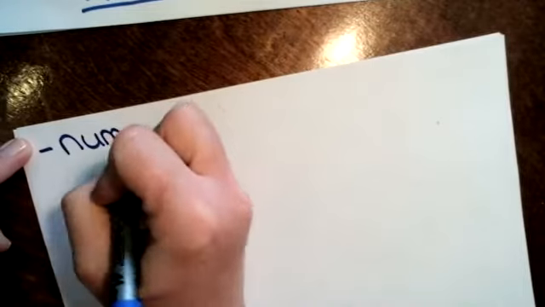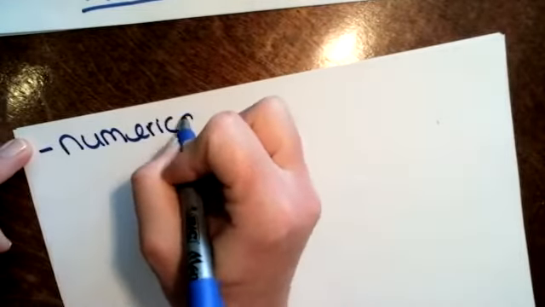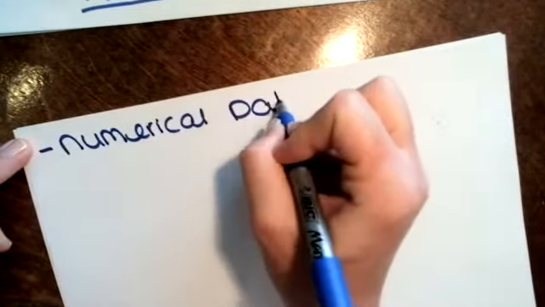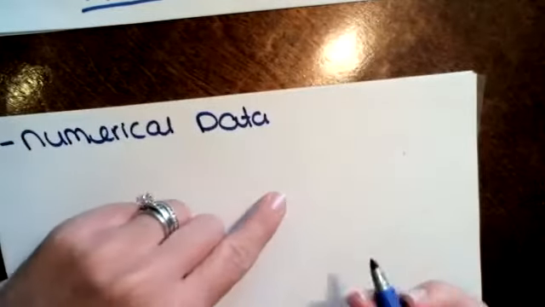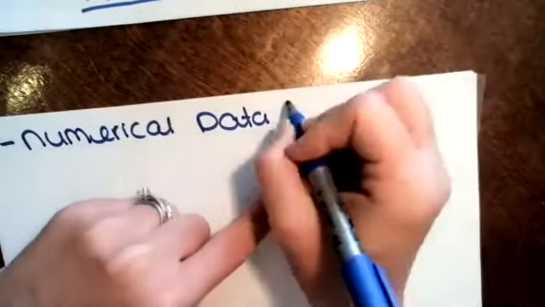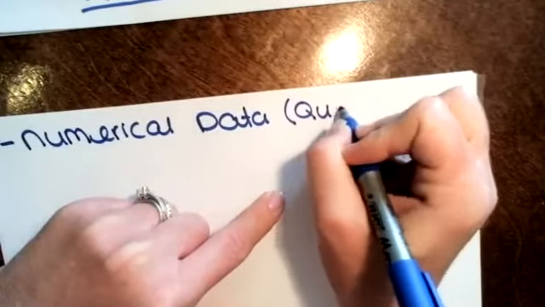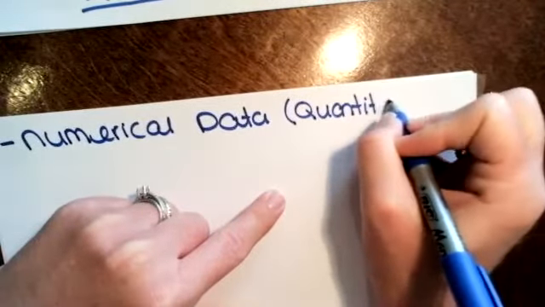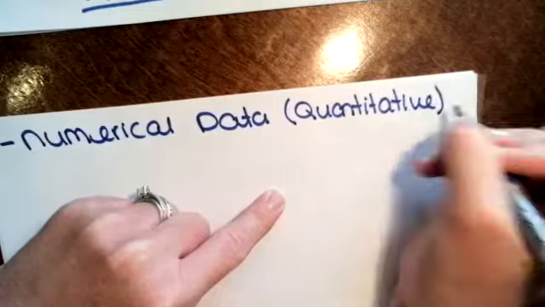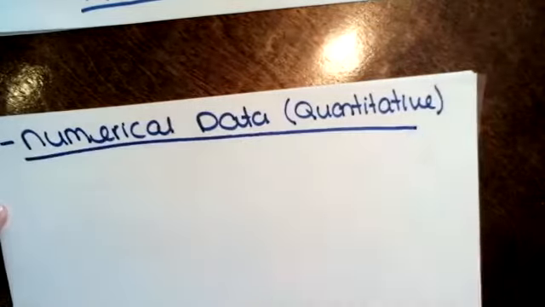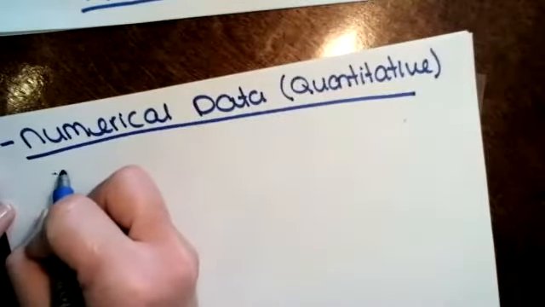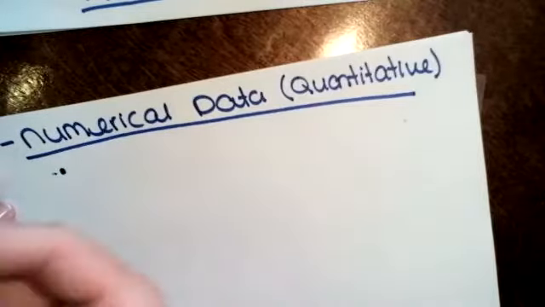So the other type of data is our numerical data. Remember, numerical data is quantitative. Quantitative data, okay? And so for here, we're going to see a couple different graphs.